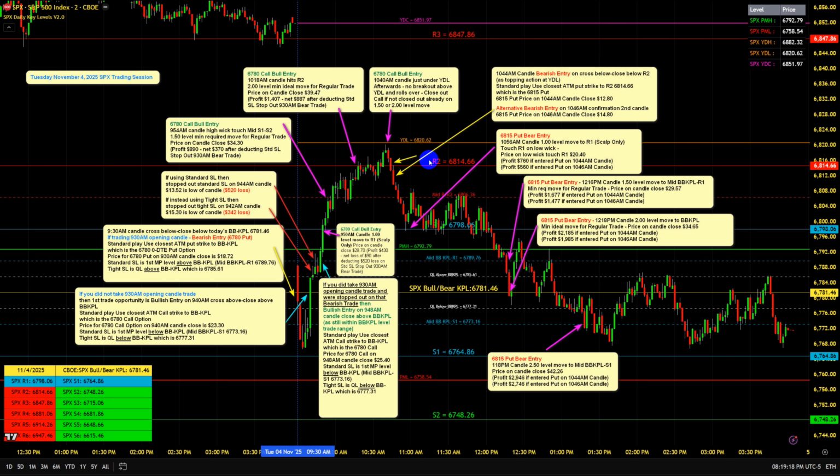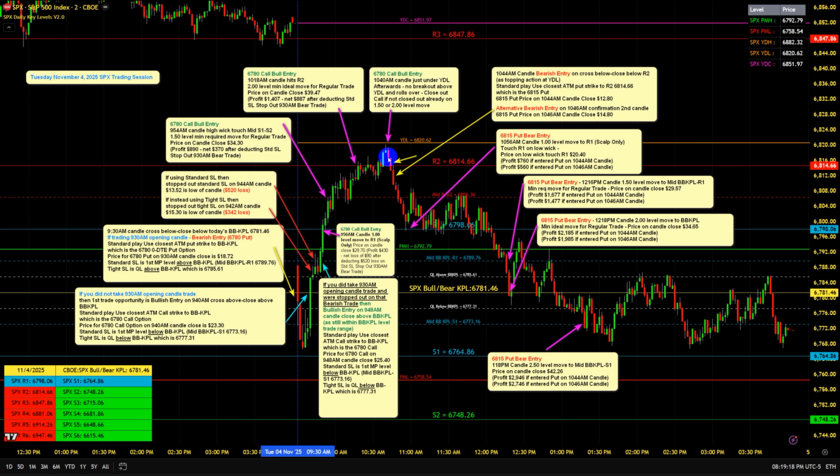In this case, the level we're trading is the R2 level, 68.1466. The closest strike to this at the money standard play is going to be the 68.15 strike. In this case, since it's a bearish entry, it's a 68.15 put.